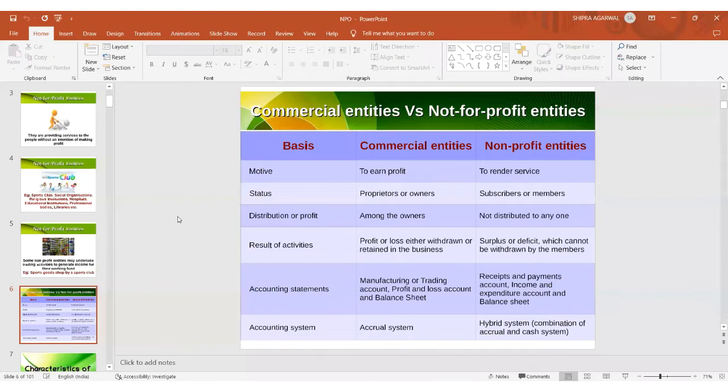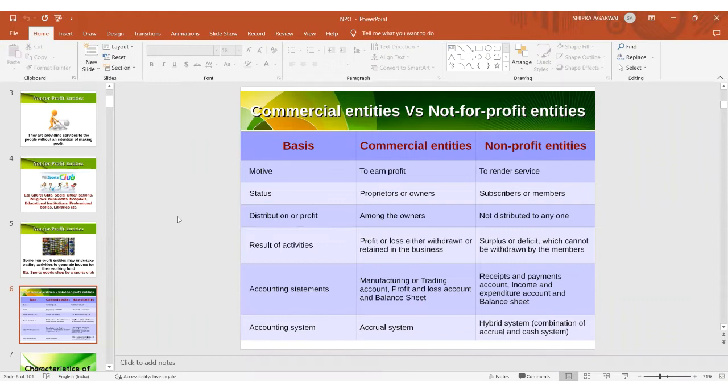It will remain in the NPO itself, in the organization itself, so that it can be used further for working, right?